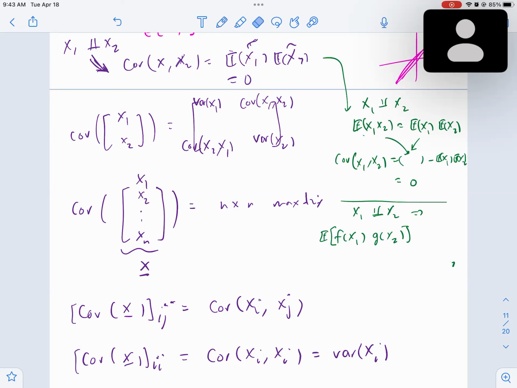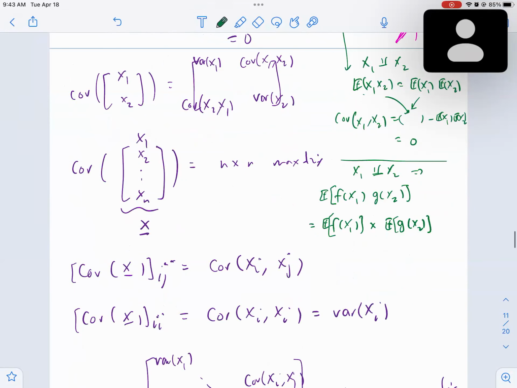So if you apply it with f of x1 being x1 minus mu1, and g of x2 being x2 minus mu2, these are deterministic functions.